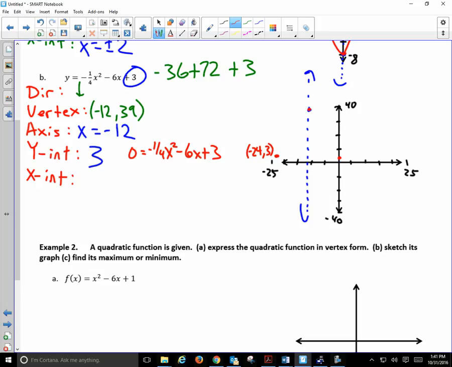Quadratic formula, awesome, but I hate the fraction. Yes, multiply through by negative 4. So 0 equals x squared plus 24x minus 12.